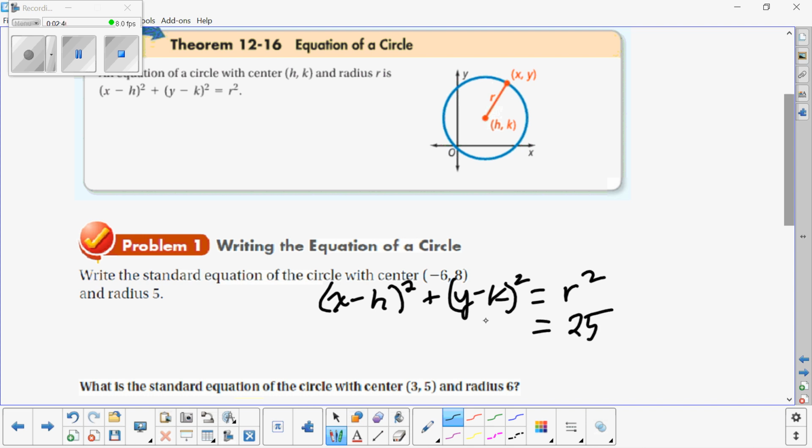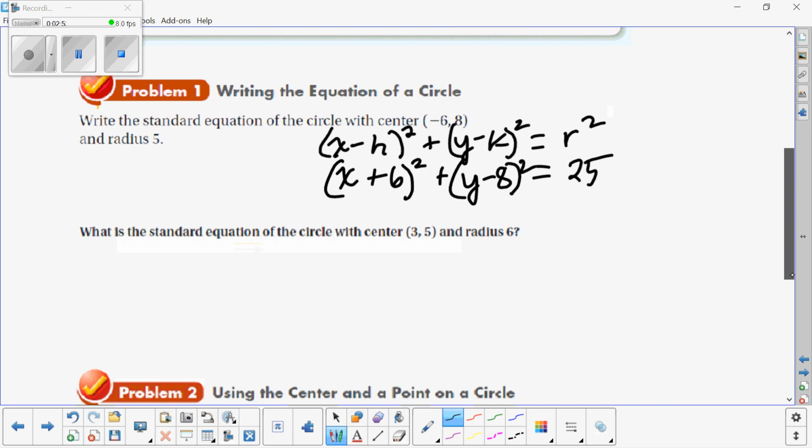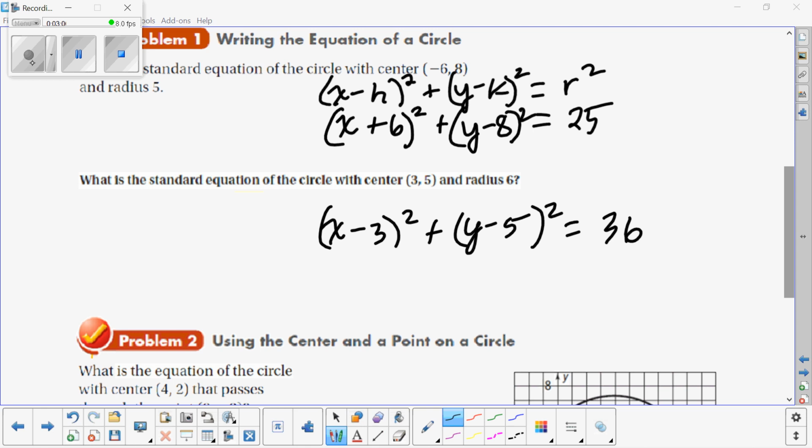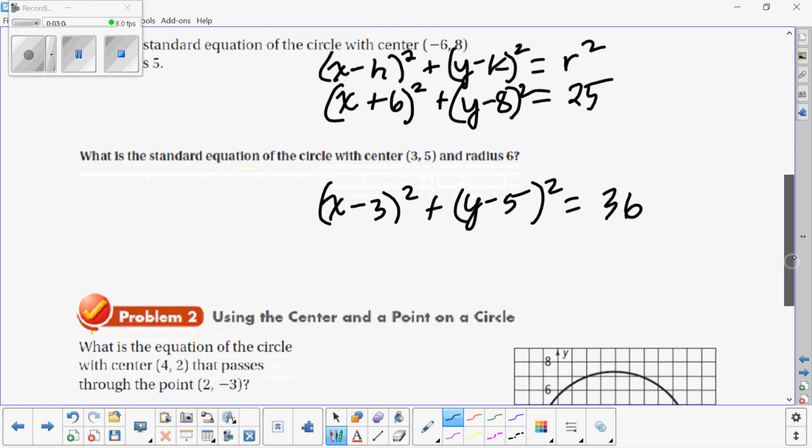That's 25. And we're going to do x minus negative 6, which in simplest form will be x plus 6. Then we're going to do y minus 8 squared. So go ahead, you try that. And your answer should look like that.